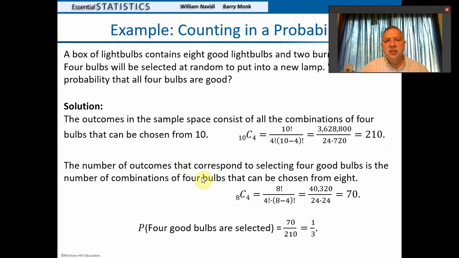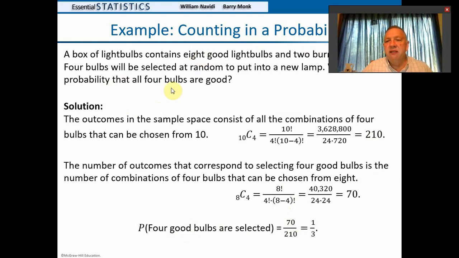But now I was only concerned that all 4 of those light bulbs be good. So what's the probability that 4 good bulbs are selected? Here was the 210, that was just any 4. Now I want all 4 of them good. How do I get this? I want 4 out of the 8.